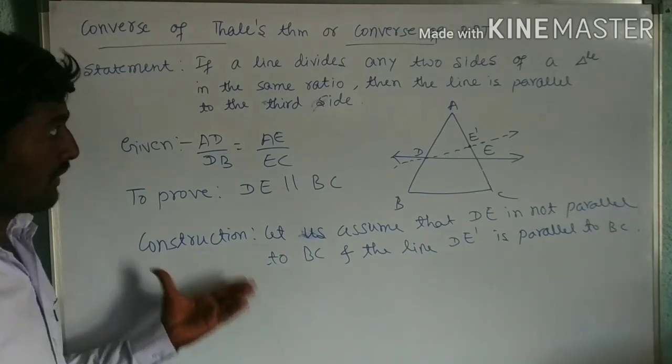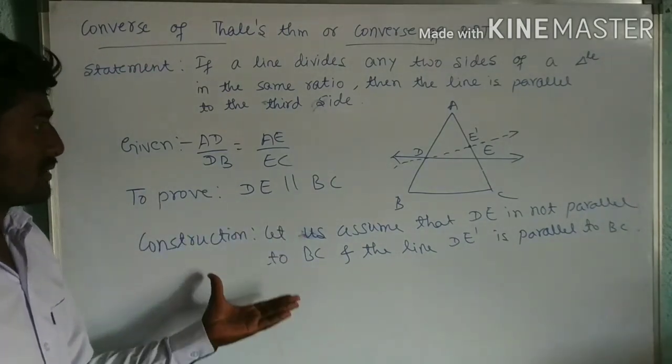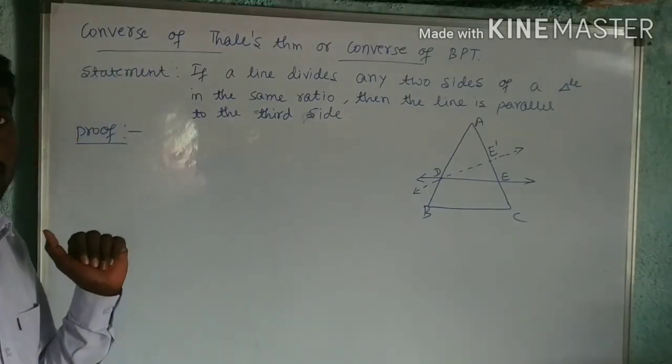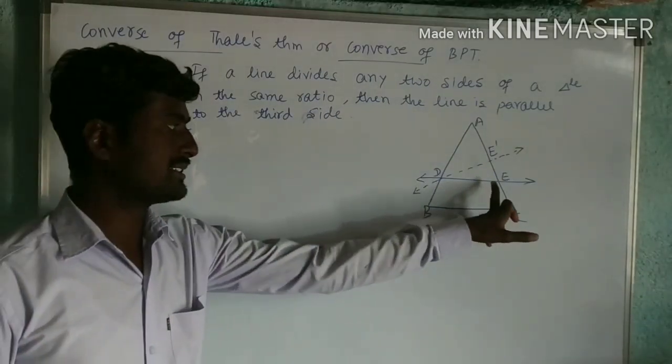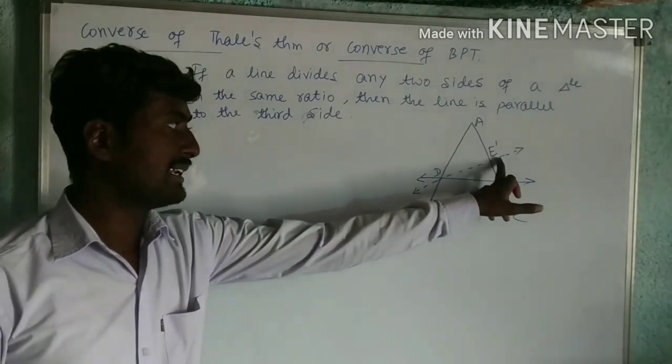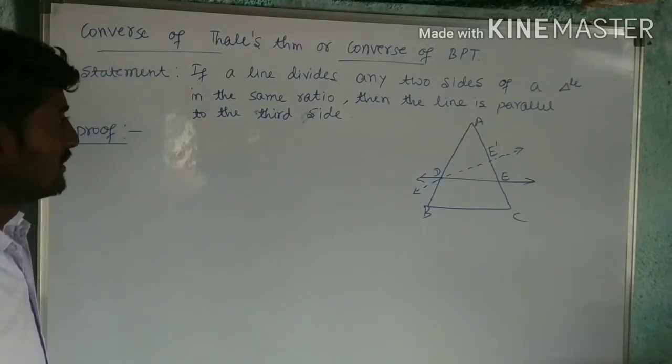So the next step is the proof. Pause the video and first note this. Now I'll give the proof. We assumed DE is not parallel to BC. Then we drew DE dash parallel to BC.